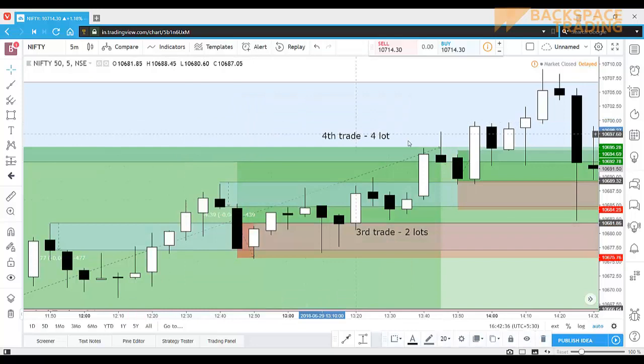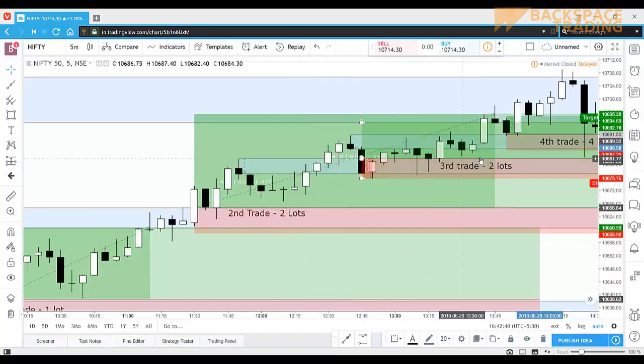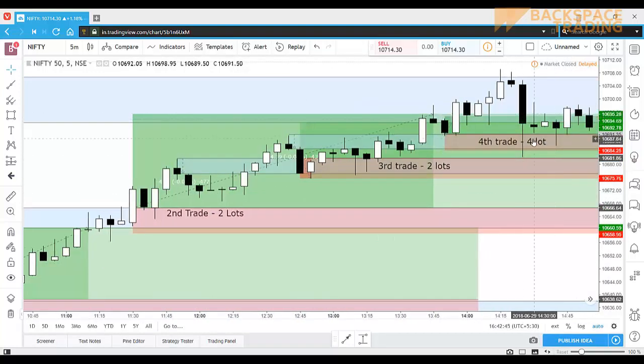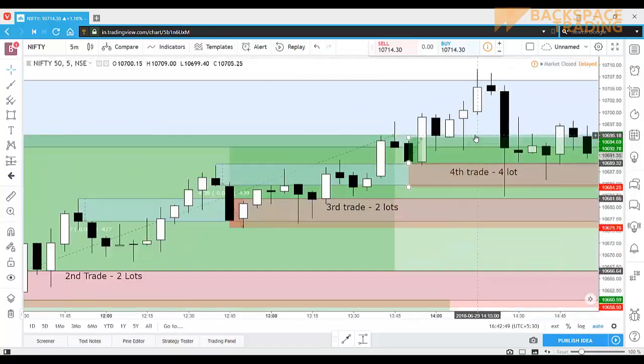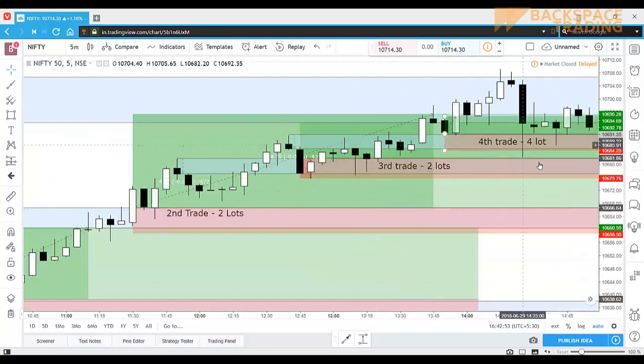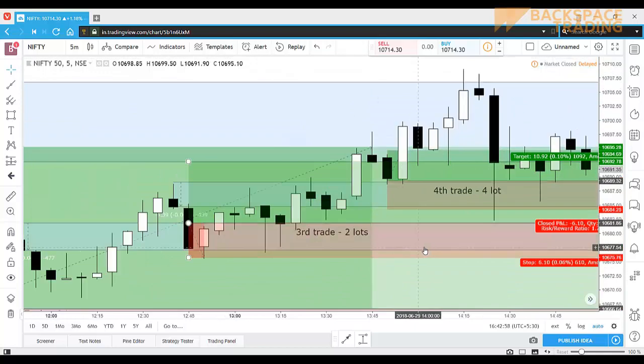So a total of how many lots are you trading now? This is 2, this is 2, this is 4 lots. You will multiply your trade over here, a total of 8 lots you are trying to carry. See how complicated things are getting. This has to be done only when you sit in front of a computer, okay?